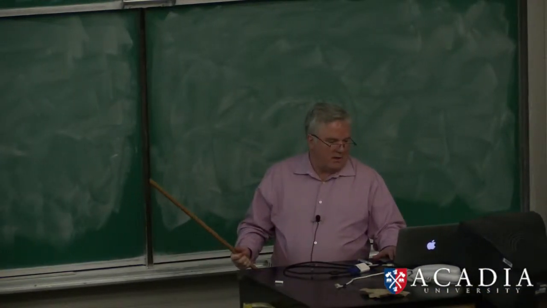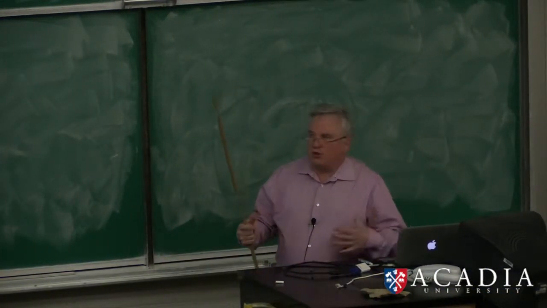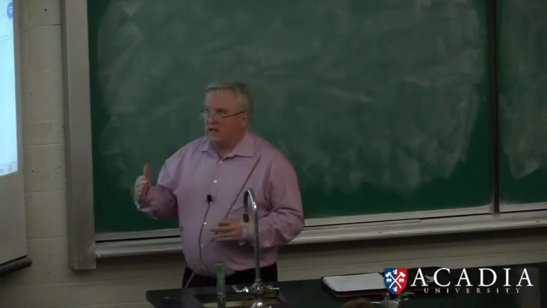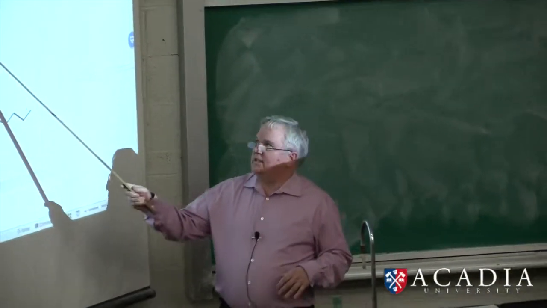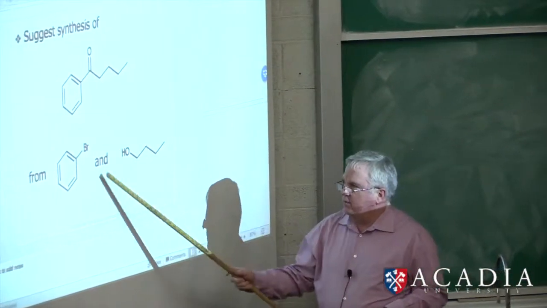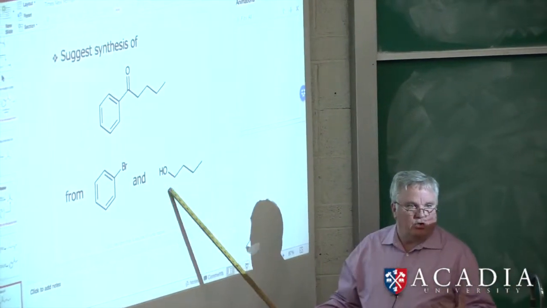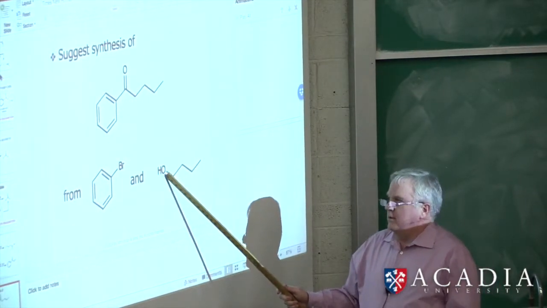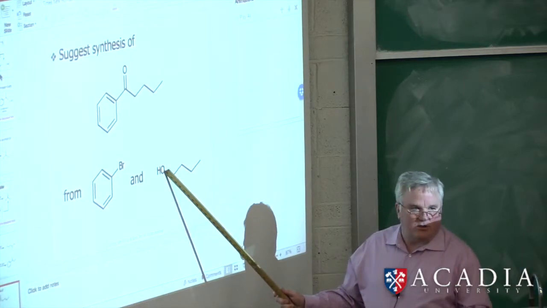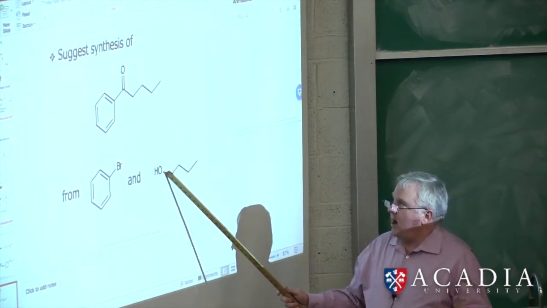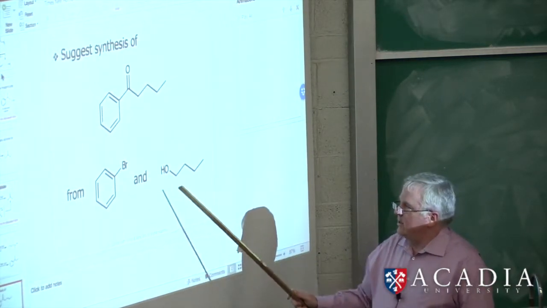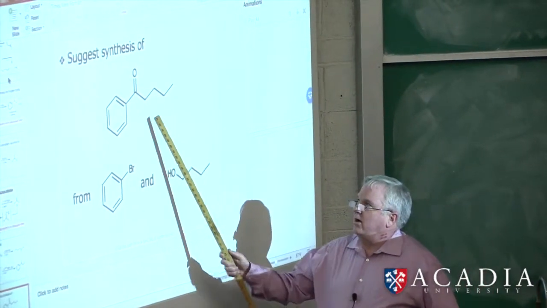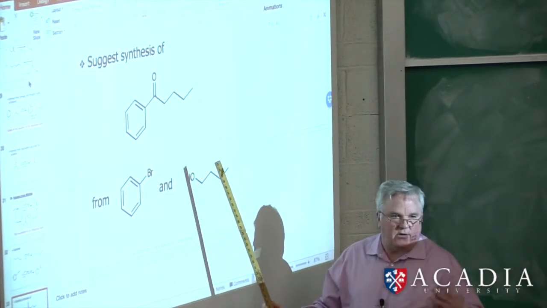Then we like to remind you of your arsenal of reactions that you're learning. Here we say suggest a synthesis of this compound from these two starting materials. One of the things you might think of right away is, what if we oxidize this to an aldehyde, and then add the Grignard reagent to the aldehyde, making an alcohol to clip these two together, and then reduce it?